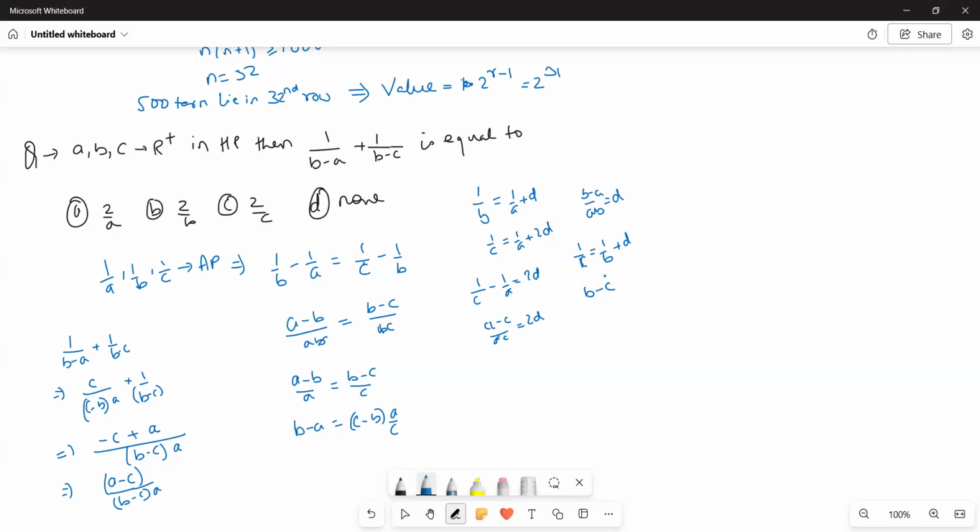So this would be B minus C by BC is equal to D. तो इन दोनों को डिवाइड कर देंगे, तो A minus C by B minus C into इसका C आएगा, इसका A आएगा, और इसका वैल्यू हो जाएगा 2. So this whole thing, A minus C by B minus C, is 2 by C. So that will be the answer, 2 by C.